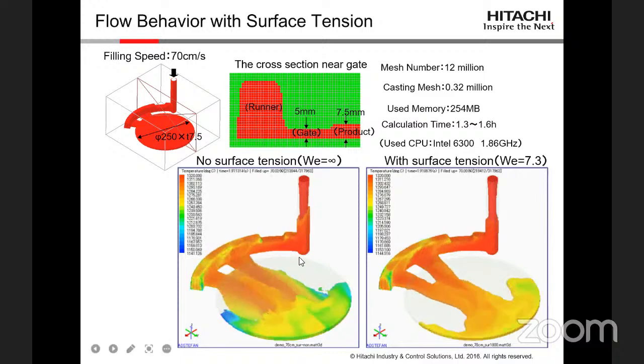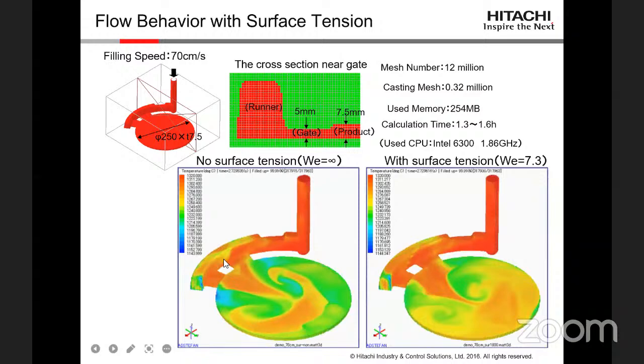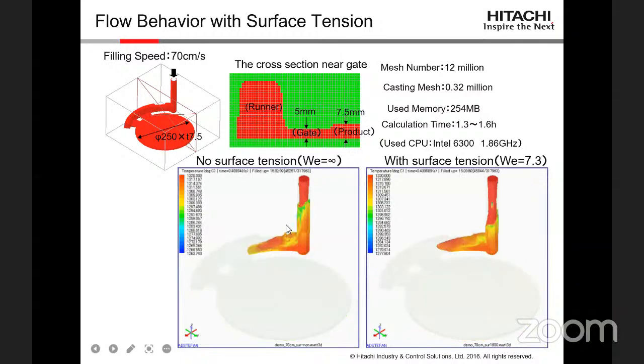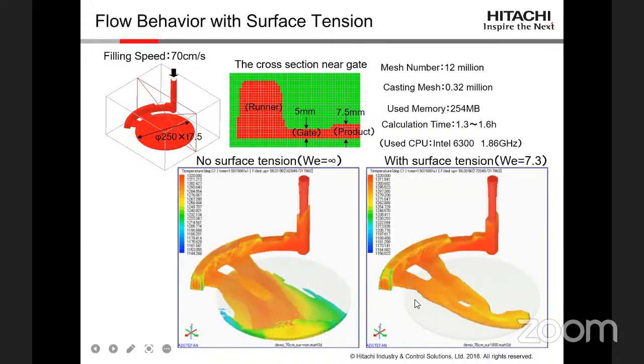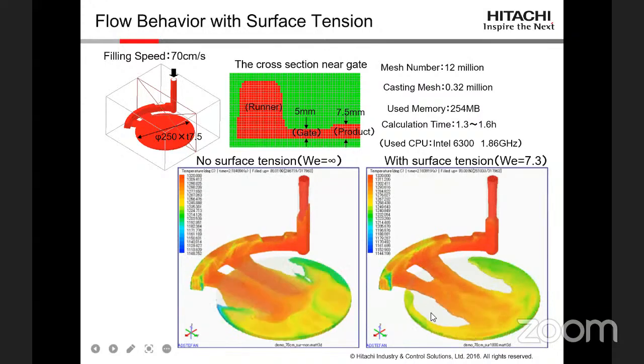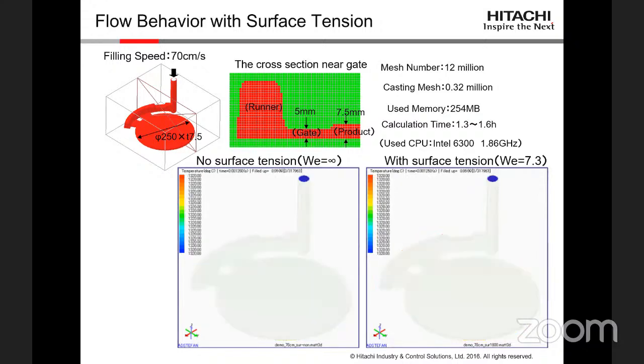You can take the reference of this image with no surface tension. Here the material enters the cavity by pressurizing through the ingates, and with surface tension it flows uniformly and the filling is uniform throughout the process.